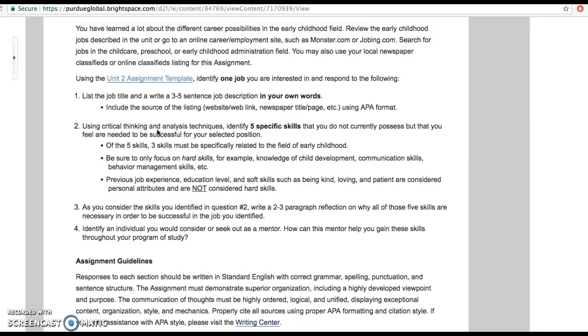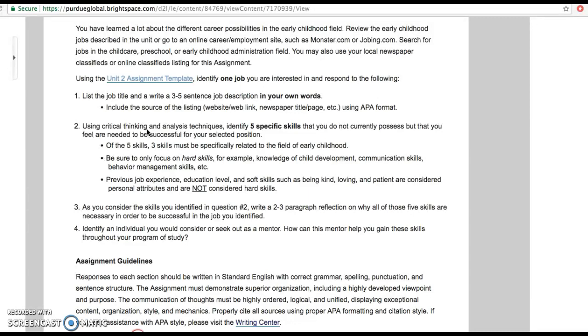The students can really go deep here because we're asking them for 2 to 3 paragraphs. This is not just a 3 to 5 sentence response as in our previous assignment. So I recommend spending some time in seminar really talking about how they might go about identifying the 5 skills and why they feel that they are necessary for success.